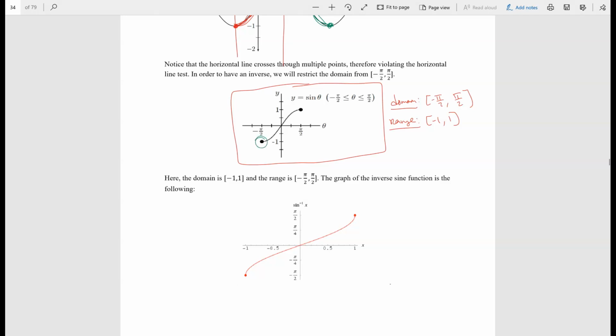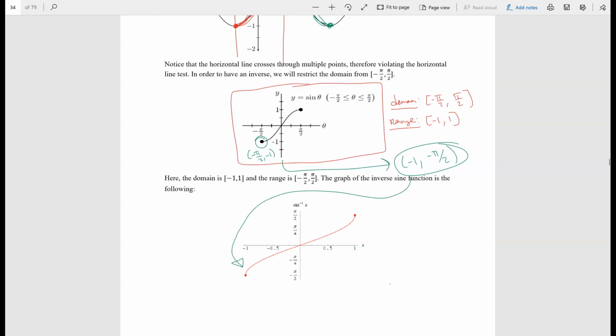This point right here, negative pi over 2, comma negative 1, I'm going to swap them. So now this guy is going to be negative 1, negative pi over 2. So this guy is going to go here.